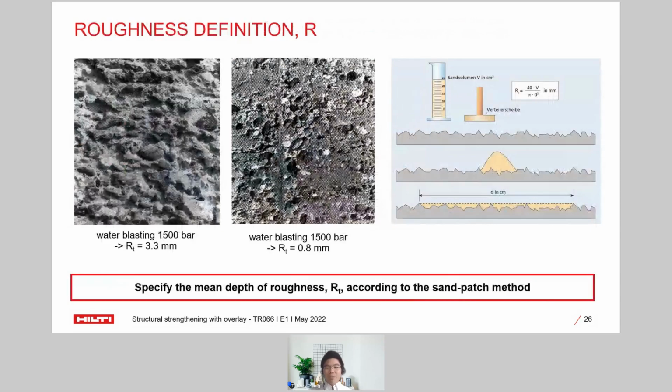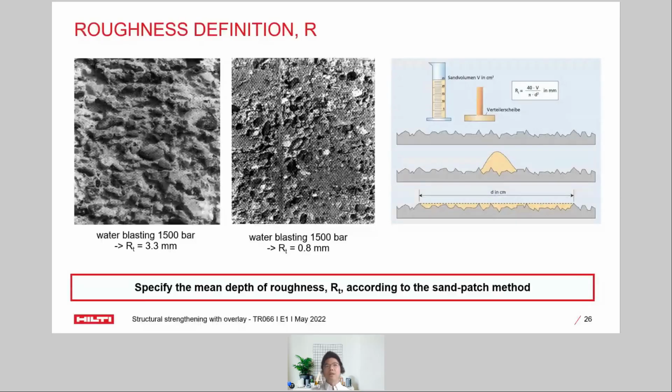That's why on the left hand side, the picture shows you that if we use the same high pressure water jetting method with 1500 bar, the roughness, the R figure, can be different.